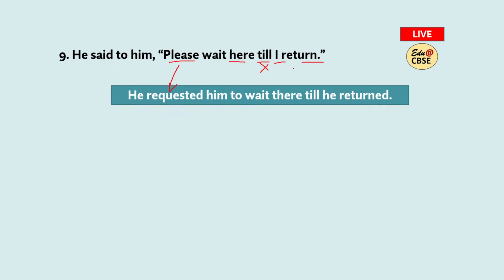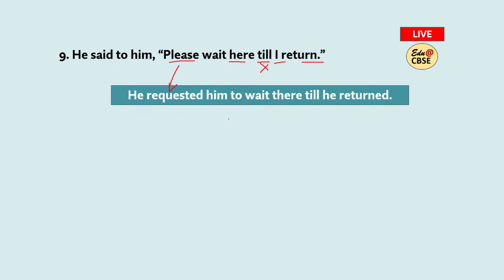Wait here till I return. So this is an imperative sentence. So imperative sentence जो है उसको हम इस तरह से solve करते हैं. We use to wait, to come, to shut the door. जो भी command या order दिया जा रहा है, whether it is a request, a command, or an order, we use to, and after that we write that order or command or whatever is the request.